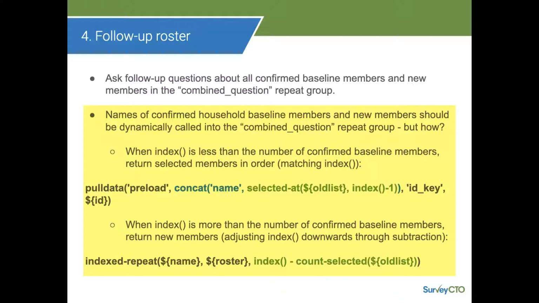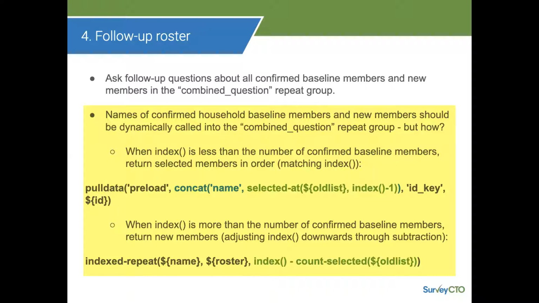The choice list values representing which baseline members were confirmed is stored inside the old list field.